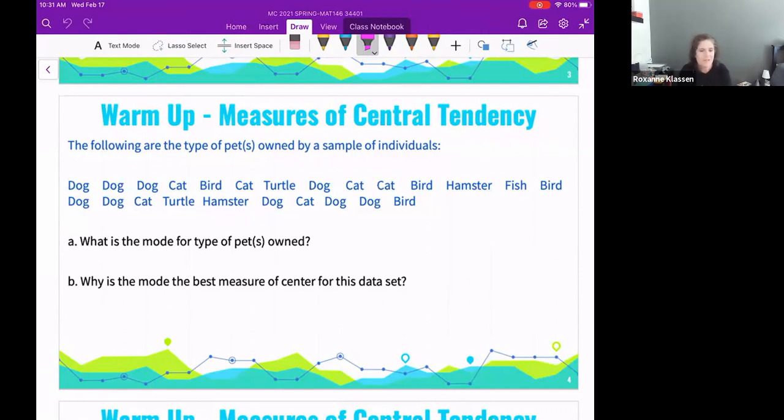So what you'll put in the chat, don't hit enter, is what the mode is, and then why this is the best measure of center for this data. So put both of those things in when you're ready, but don't hit enter.